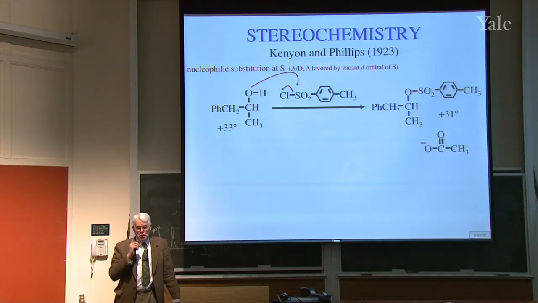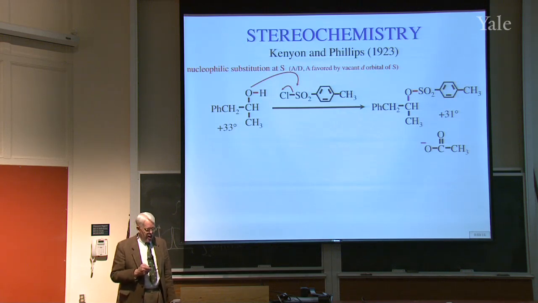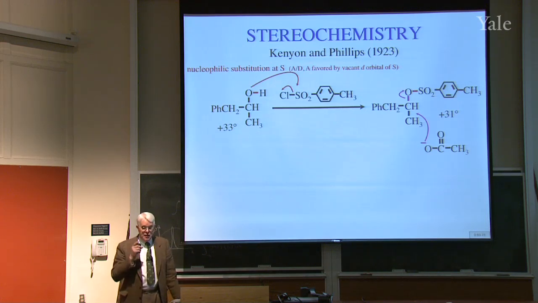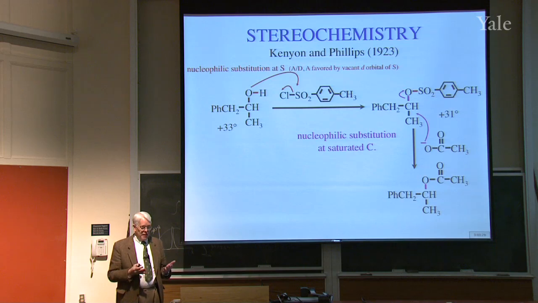Okay, now we're going to do the nucleophilic substitution reaction where the anion is acetate, okay? And it's going to attack the carbon and break the bond from carbon, so the nucleophile attacks, the leaving group leaves. This is the reaction we're interested in, whether it inverts the configuration. And we find out we get that product, and that's the nucleophilic substitution.